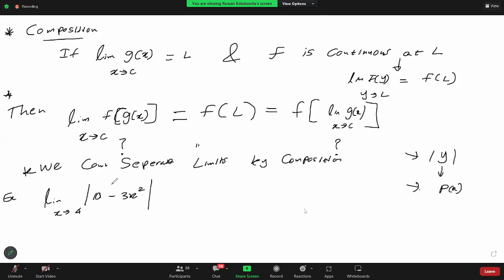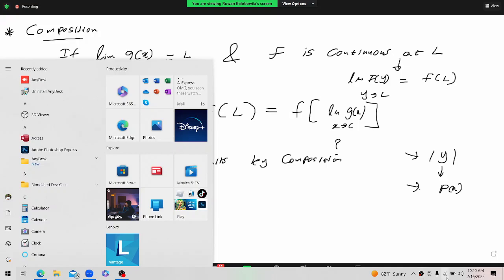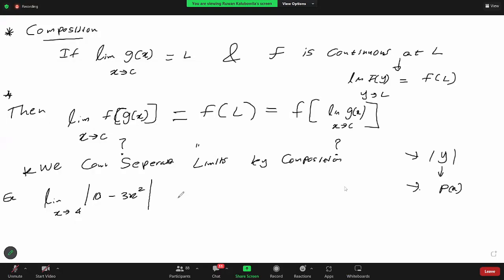So if we need to find the limit of this kind of problem, we can apply this property. If we don't know it, we are stuck here, but if we know the property, then we can separate the limits and find out the value.